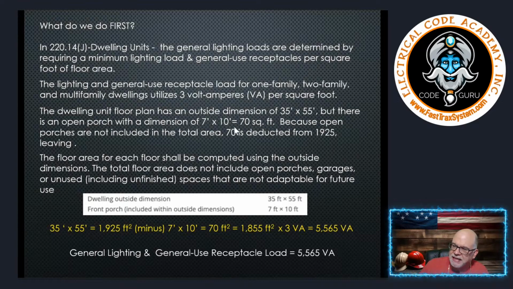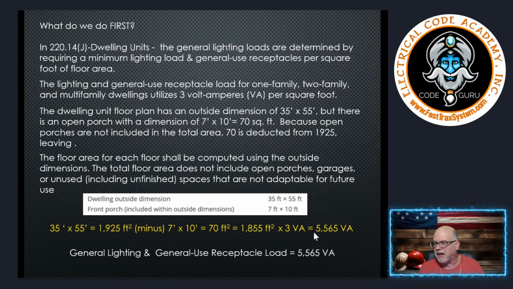All right, so 7 by 10 is 70, and 35 by 55 is 1,925 square feet. We're going to take away 70, and that gives us 1,855. Okay, remember, we took away the open porch. And again, at 3VA per square foot, we multiply the 1,855 times 3.